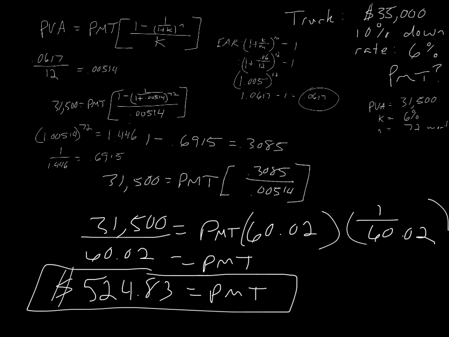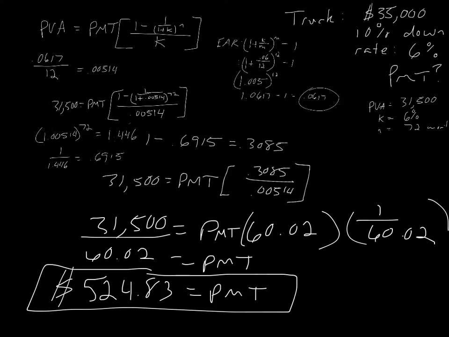Otherwise, you're going to be misled and you're going to end up thinking you're paying $508 when you buy that fancy new truck, when in actuality you're going to be paying $524, which is very different.